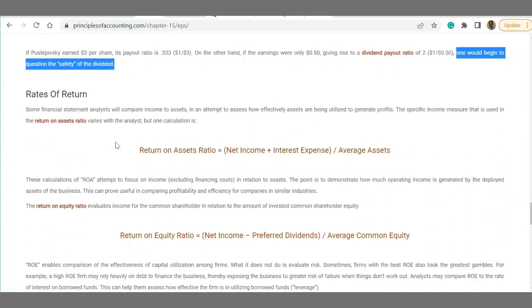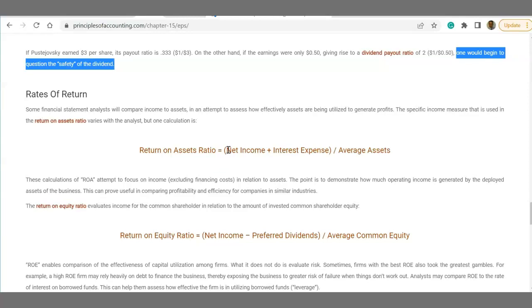Rate of return. Okay, rate of return. It's kind of a long-term solvency type of, it's a profitability ratio of how much profit the company is generating on every $1 of asset investment that they have.